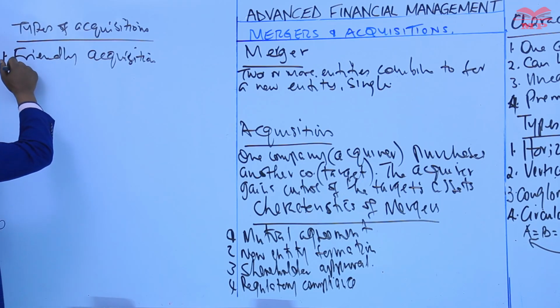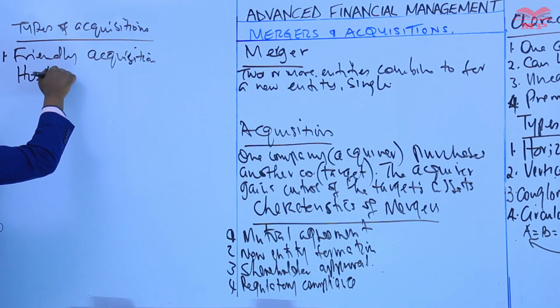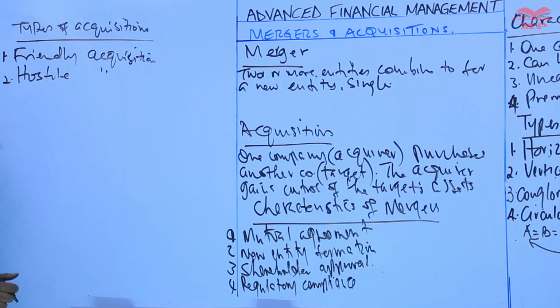We may also have hostile acquisition. In a hostile acquisition, the company is acquired against the target company's wishes, without the consent of the target.